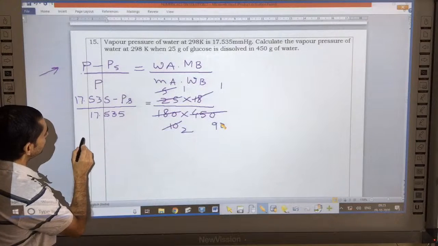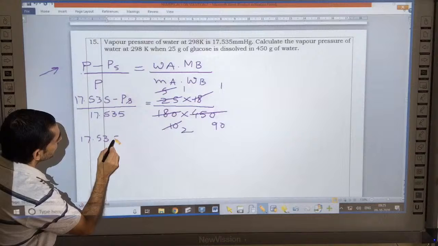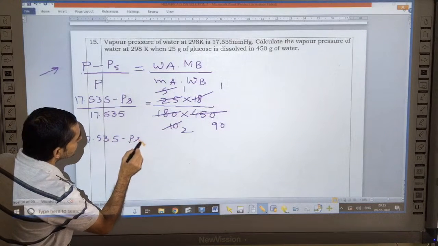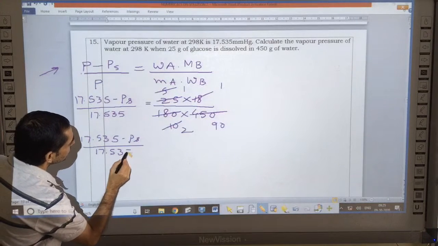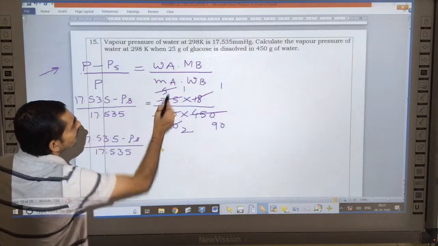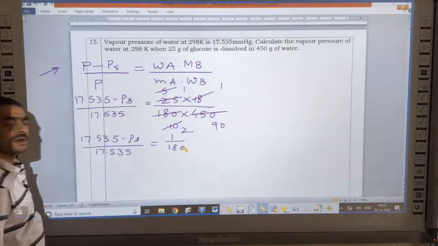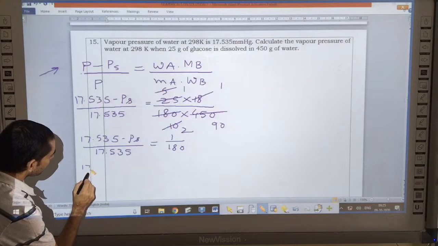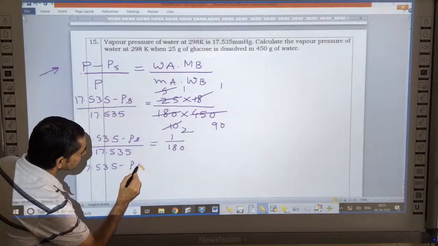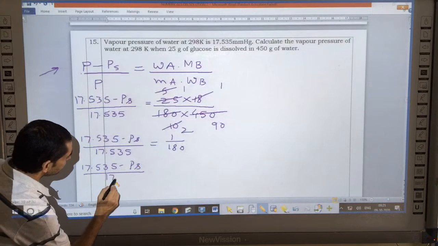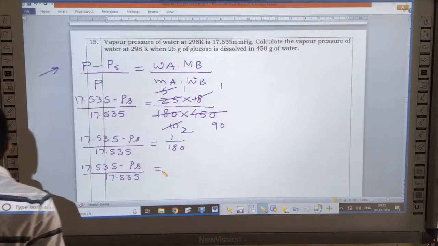Now this comes to be 17.535 minus PS upon 17.535 is equal to 1 upon 180.